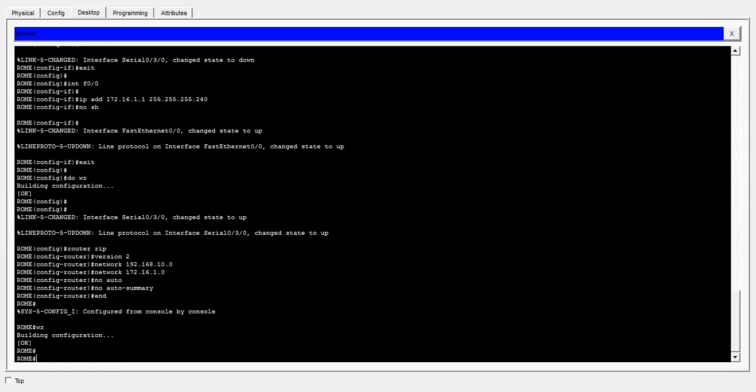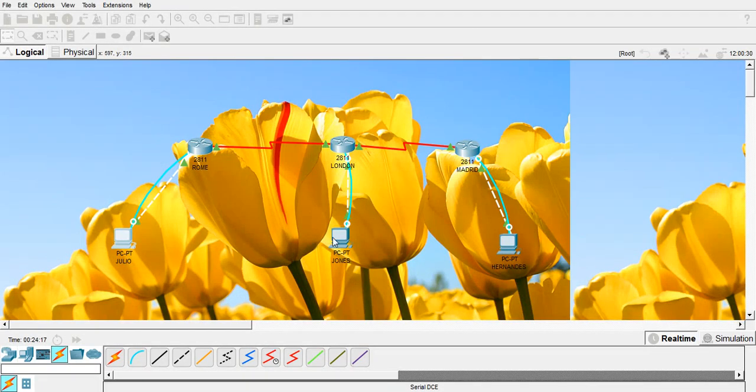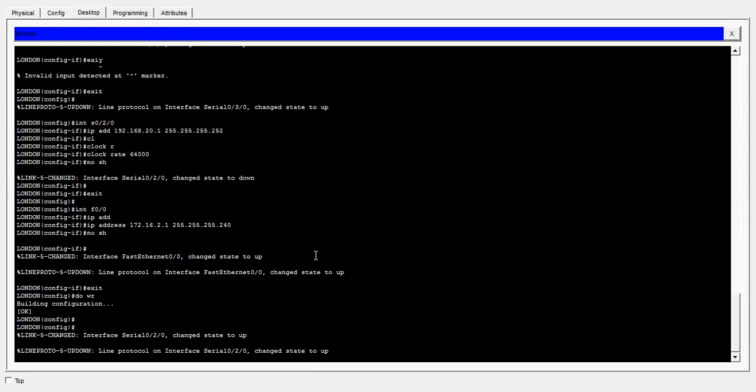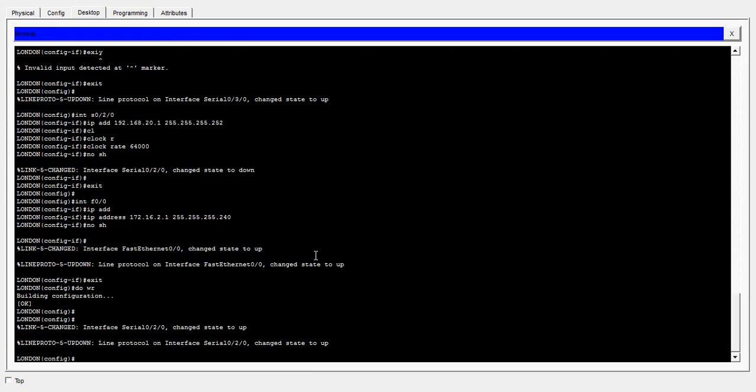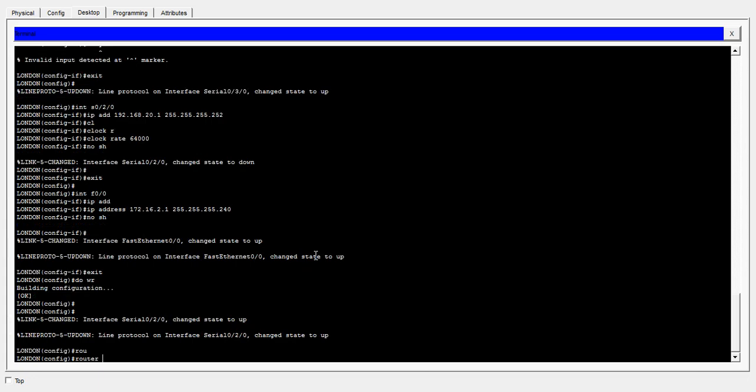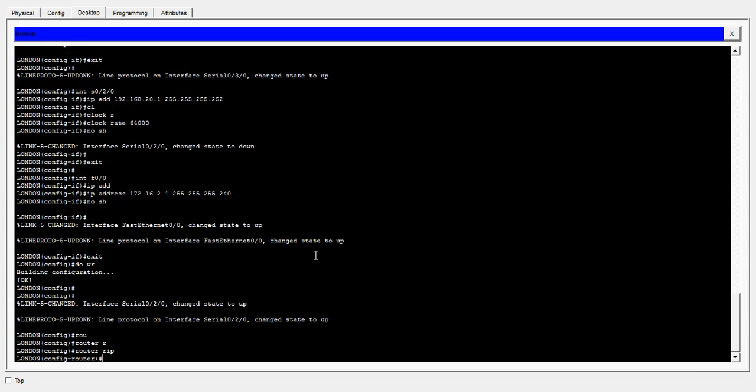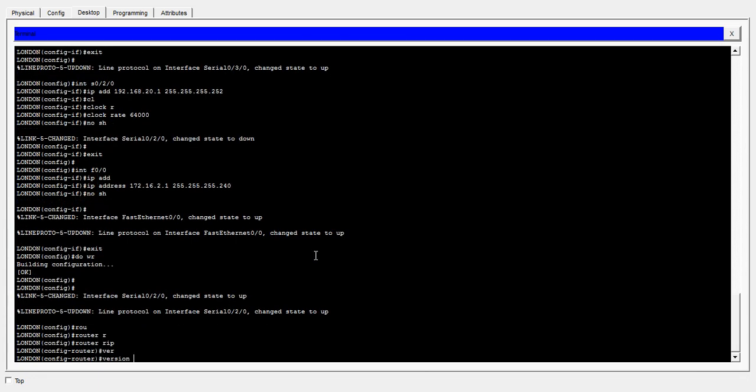Hope that's clear. Okay. I'll go to this router and do something similar. That's a wonderful tip. Not everybody will give you that tip. It's priceless. Okay. So router RIP version 2.